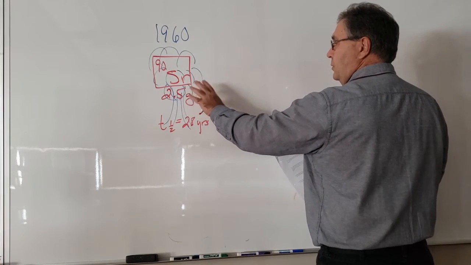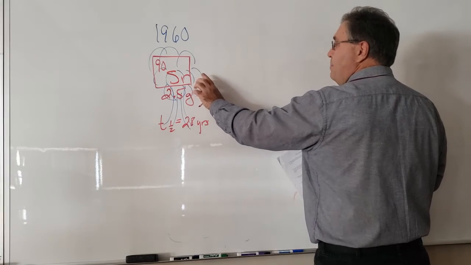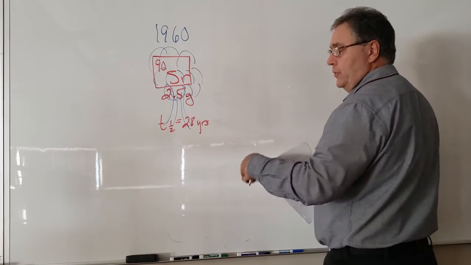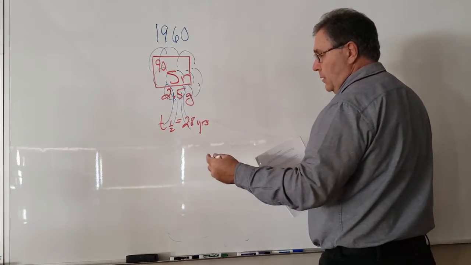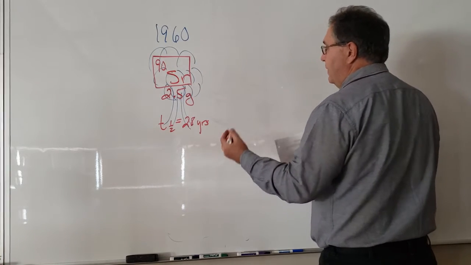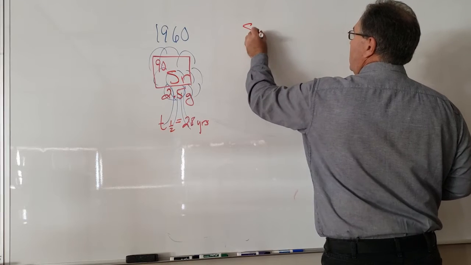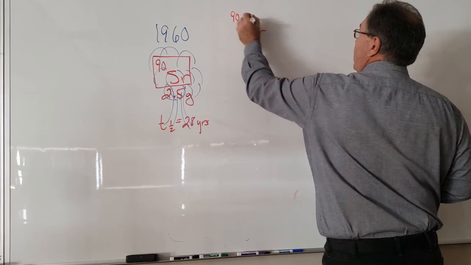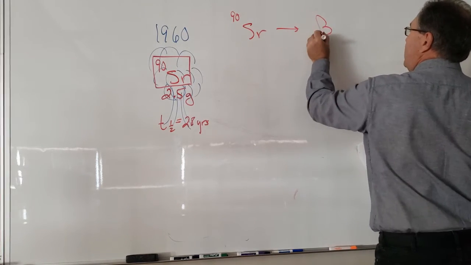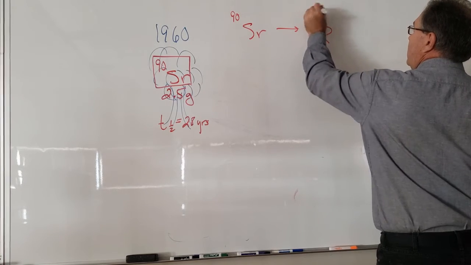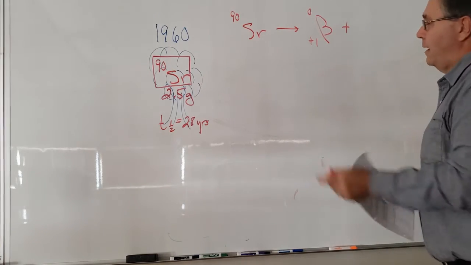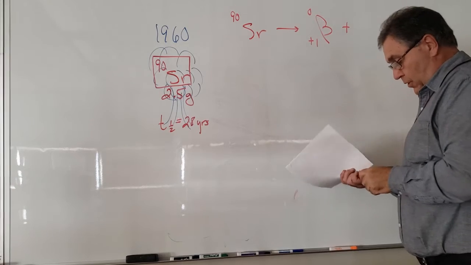Again, we are not told what kind of emitter strontium 90 is. Is it an alpha? Is it a beta? Is it a beta negative, beta positive? Let's assume it is a beta positive emitter. Right. How would we complete that decay reaction?